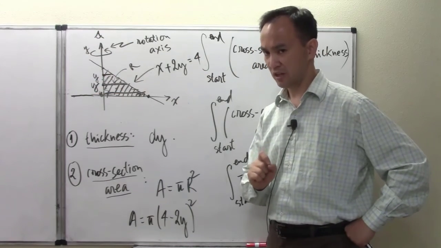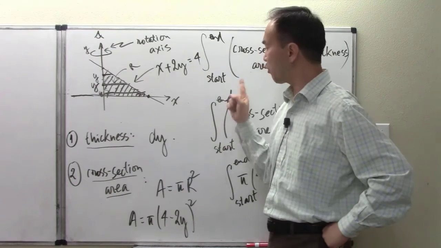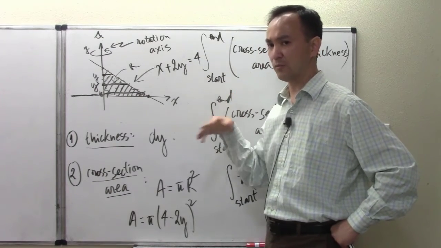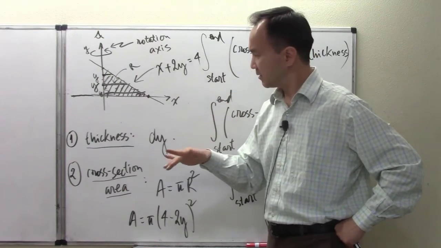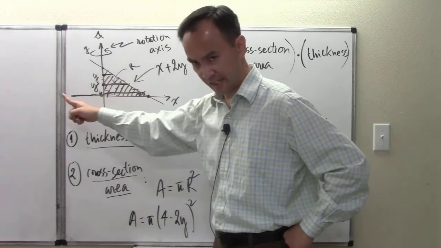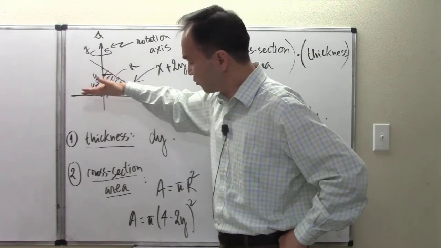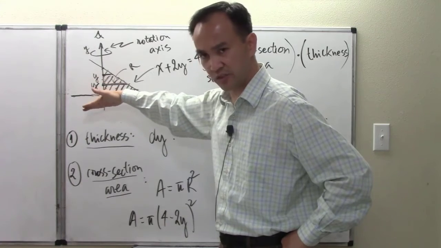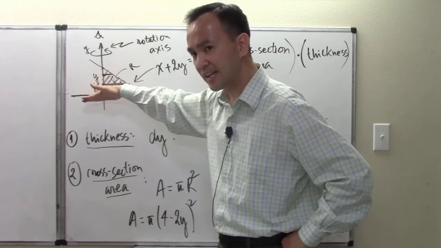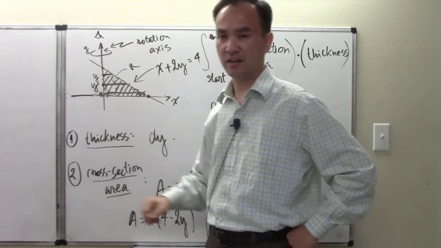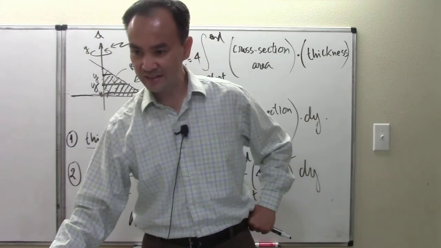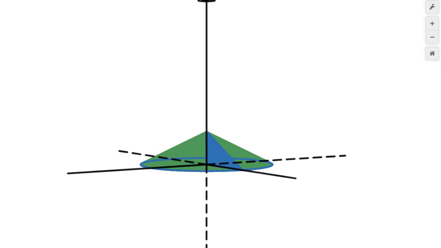And of course, I'm talking about the method that we're using, cross-section here, or more specifically the disk method, because the cross-section here appears to be a disk, right? And as we're accumulating these disks, we're stacking up the disks from the bottom up, the way the picture looks, just like how this cone right here looks.